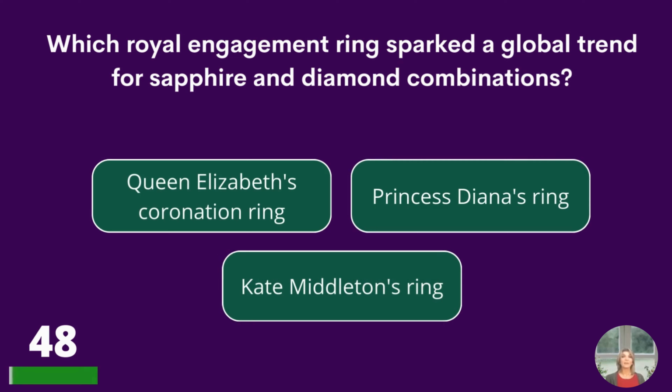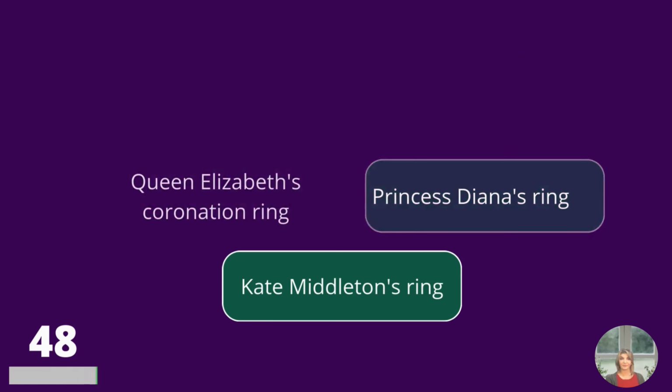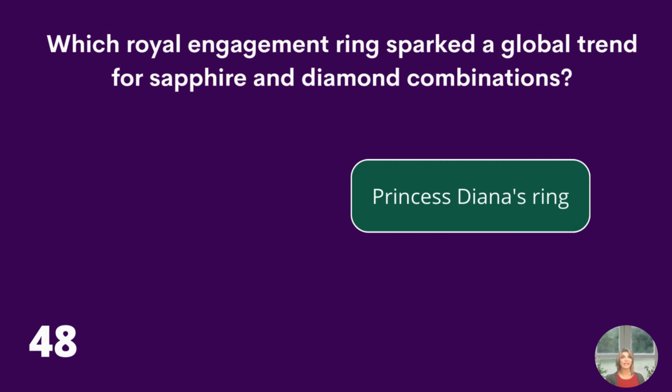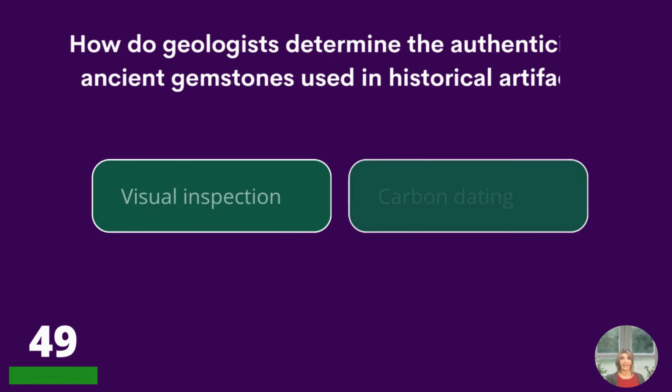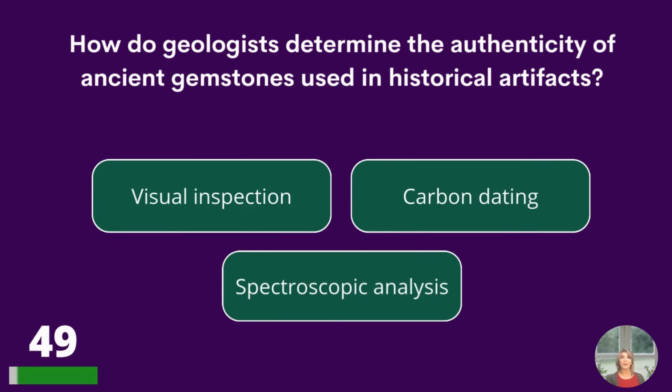Which royal engagement ring sparked a global trend for sapphire and diamond combinations? Princess Diana's ring. How do geologists determine the authenticity of ancient gemstones used in historical artifacts?